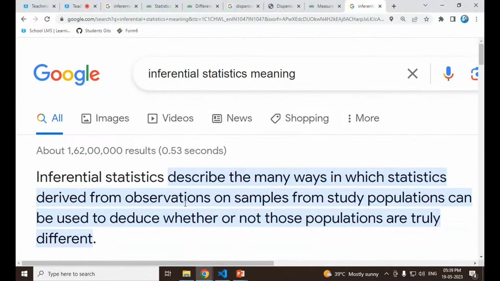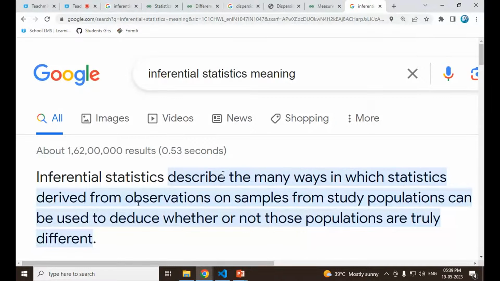What does statistics derived mean? We are going to deduce or tell some number based on the derivation of the data that you are giving me. We have taken some data earlier. Based on that data, I'm going to give you the standard deviation. So we derive our final value from the numbers that we are given.